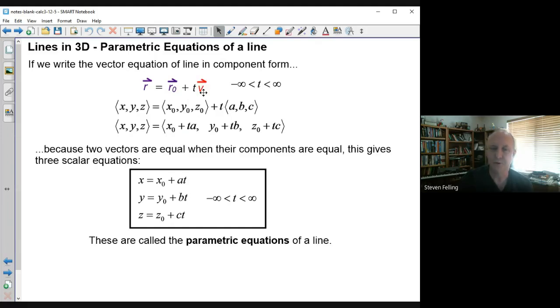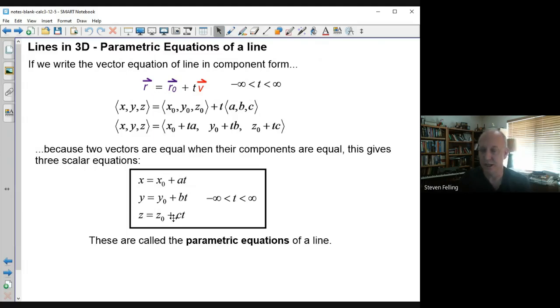Then if you combine like terms, the x, y, z vector would be equal to: the x component is x0 plus t times a, the y component is y0 plus t times b, and the z component is z0 plus t times c. So the x component of any point on the line is equal to the initial known point plus the x component of the direction vector times the parameter t. And the y the same and the z the same.